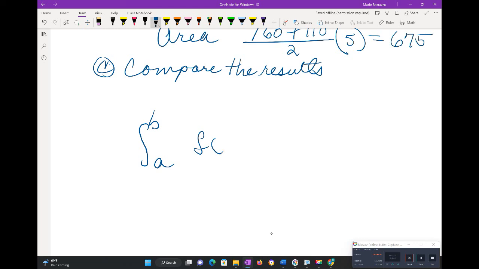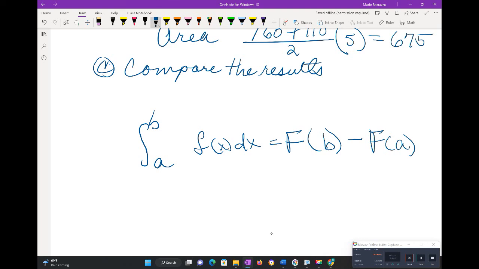If you think of f of x dx, once we take the antiderivative, we're going to subtract the value with b as substitution and the value of a, so b minus a, and that gives us that area under the curve that we're looking for.